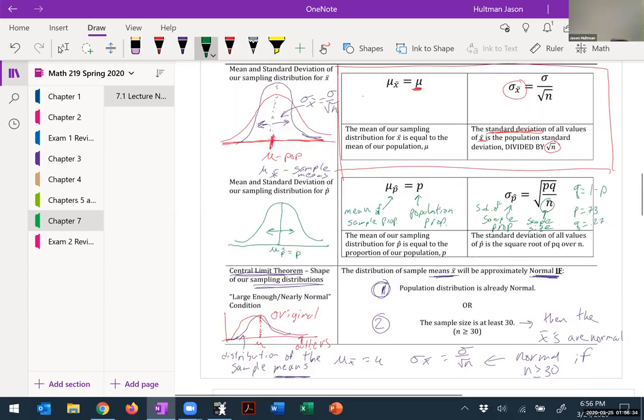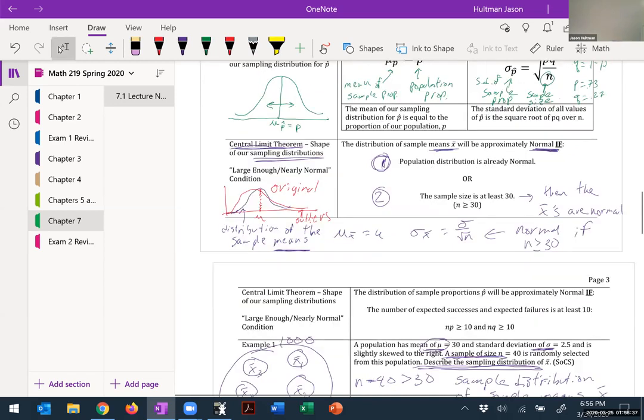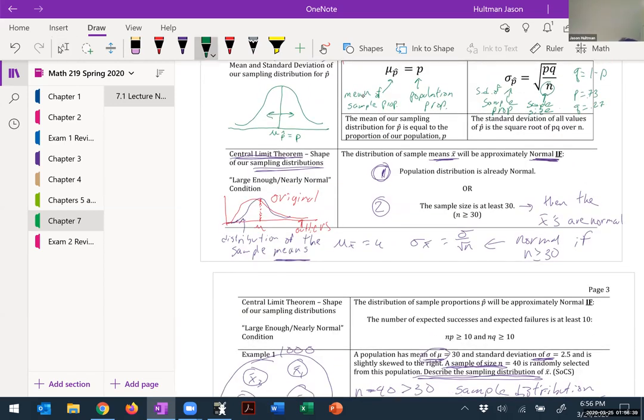Okay, let's do a problem with this. Now, how do we know this is going to be normal? Well, the sample size has to be large enough. What's large enough for proportions is that N times P has to be bigger than 10, and N times Q has to be bigger than 10. So let P equal 0.73.